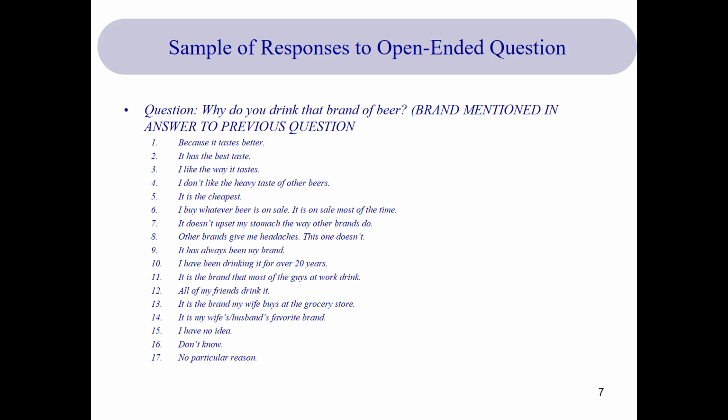For example, the first few talk about taste, and if you keep going, some talk about price, some about promotion, and some about the husband, wife, friends. So those are different themes.